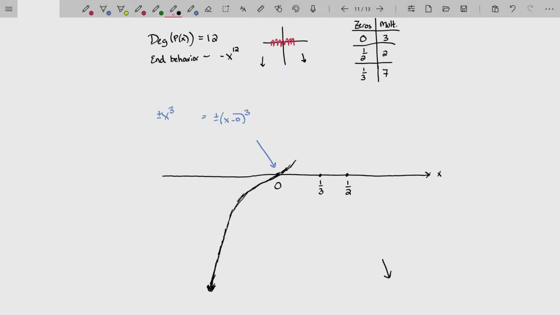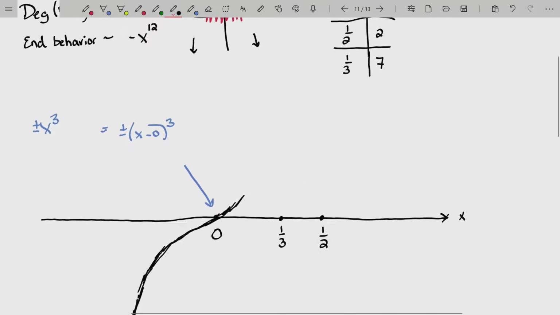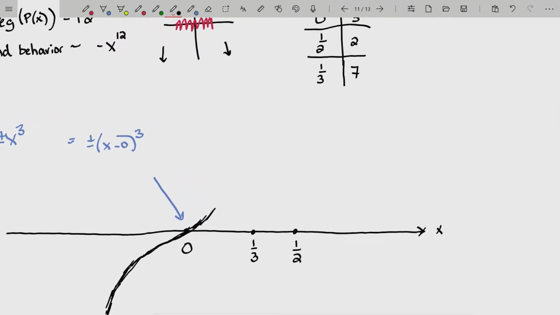Now, this is why I do a lot of scratch work here. You don't see me draw a smooth curve when I graph this. When I get to the next 0, which occurs at 1/3, zeros are like magnets, it's going to want to be drawn back down to that next 0 in line.